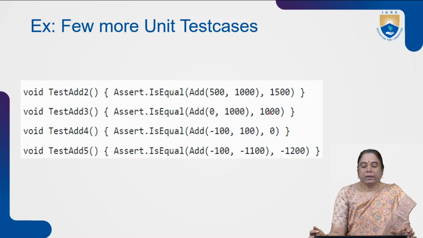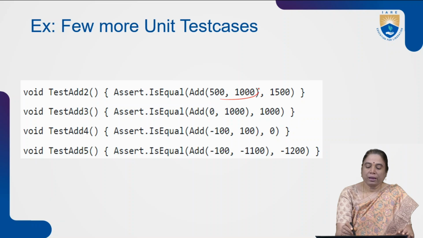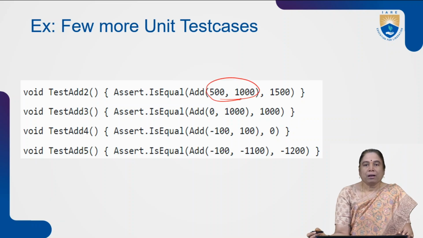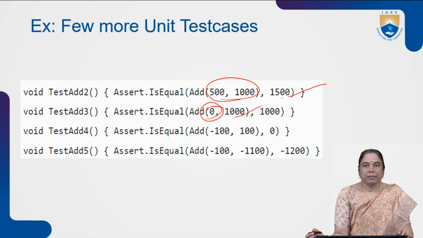In a similar way, more test cases can be used to test the add function. A variety of input domain values can be used in designing the test cases. If this sum is equal to 1500, the test can be passed. The first variable can possess a null value and the second variable 1000, and whether it produces the correct sum or not is checked.